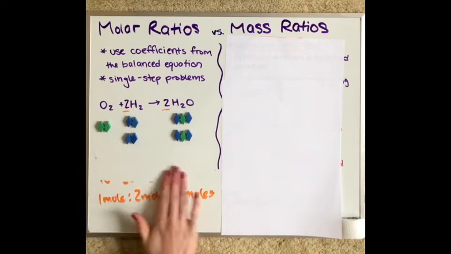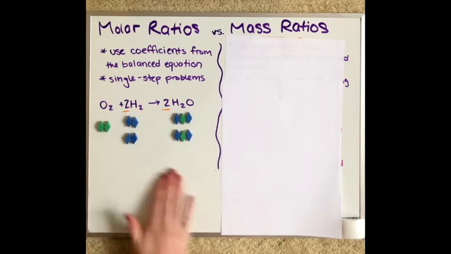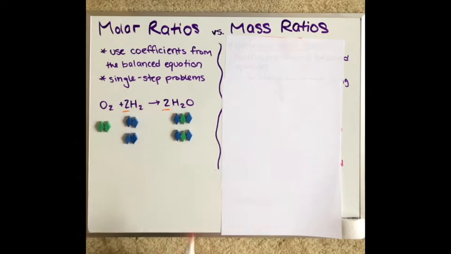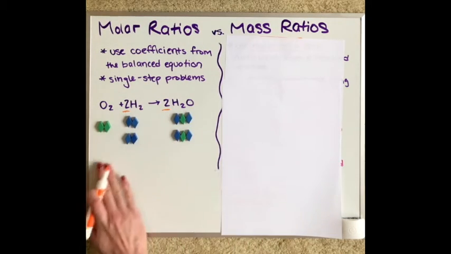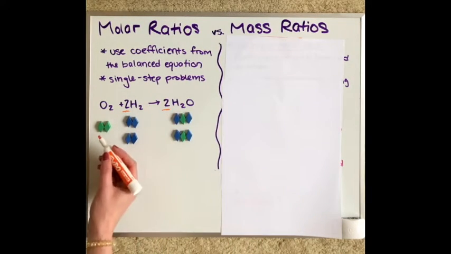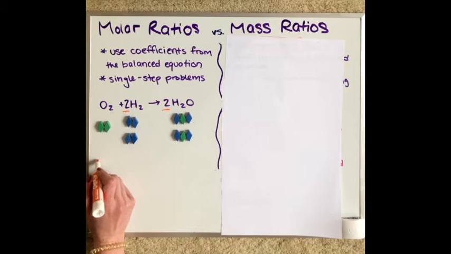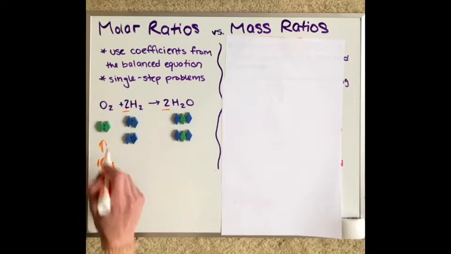Okay, so when you look at mass comparisons, finding mass ratios, you can no longer rely on the straight up coefficients to tell you the ratio. Why is that? Well, say you were given 10 grams of oxygen.